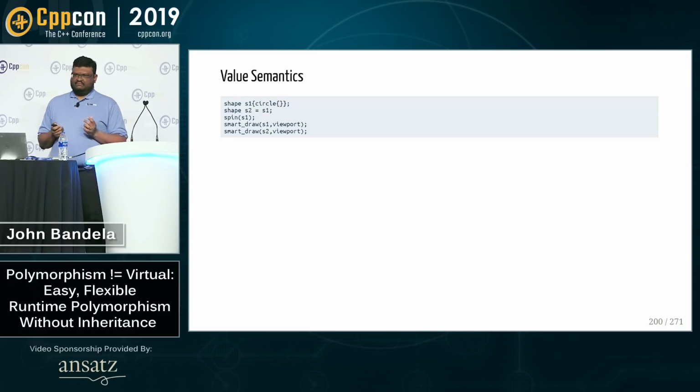Shape S1, create it with a circle, S2 equals S1, spin S1, and S1 and S2 are different. I didn't affect S2 when I modified S1. So I have value semantics. It's good for me. It helps me reason about logic, about isolation, and about concurrency.